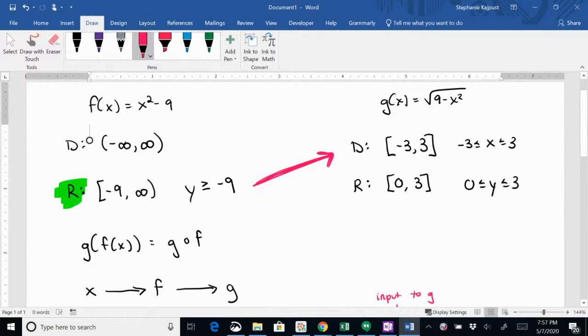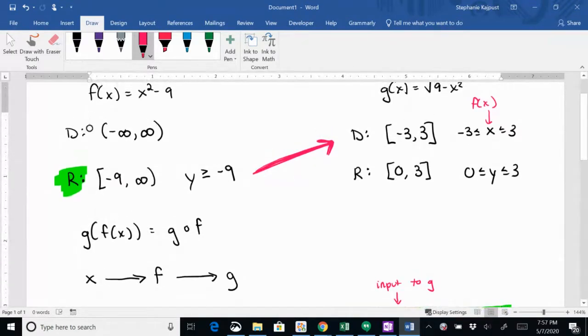So because we're plugging f of x into g, you can think of it as this part right here is now f of x. So our f of x has to be between -3 and 3. That output there has to be between there in order for it to fit into g of x.